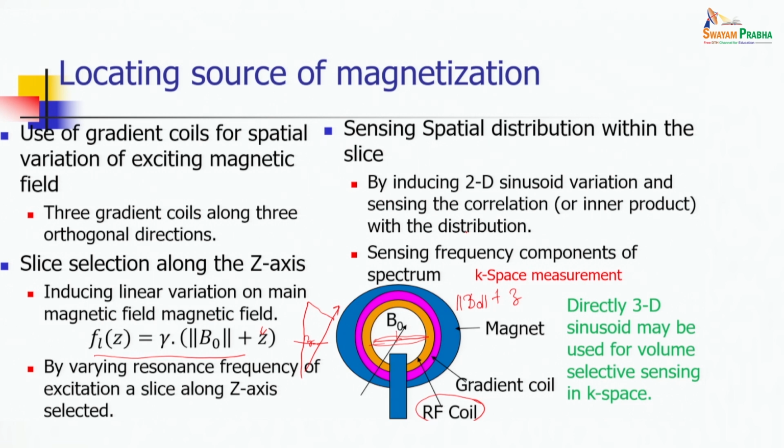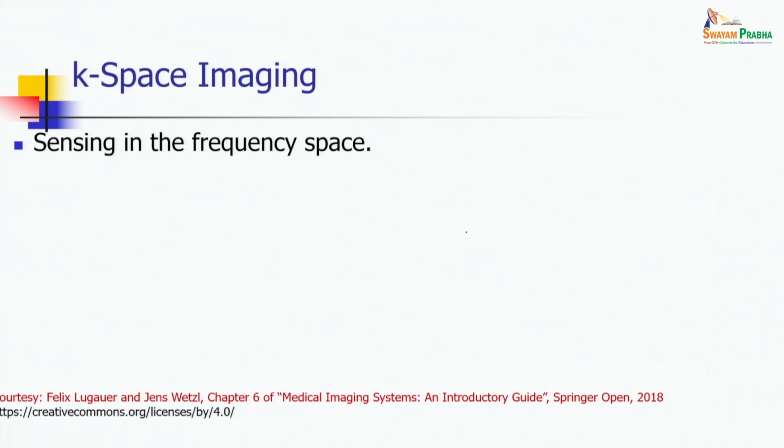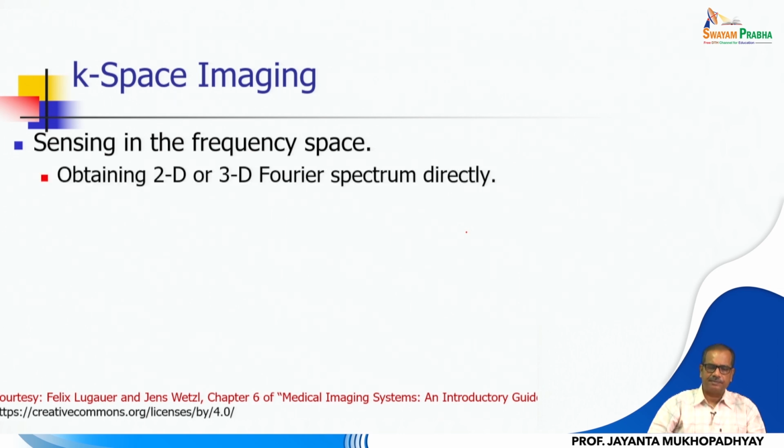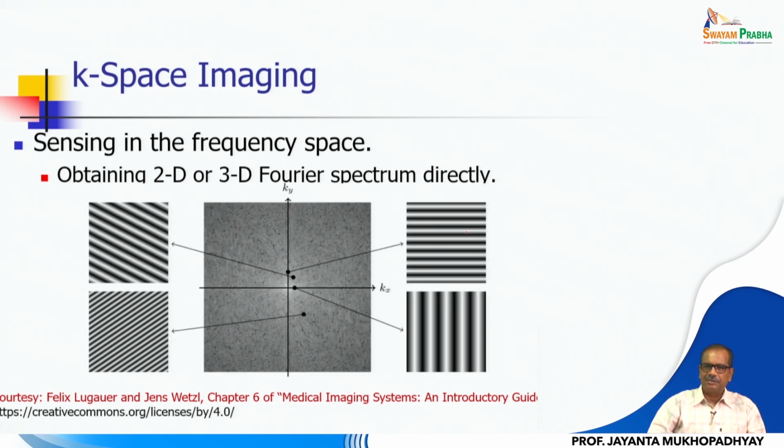So directly a three-dimensional sinusoid may be used for volume selective sensing in K-space. Just to tell about this K-space imaging, we sense in the frequency space, and by this we obtain the two-dimensional and three-dimensional Fourier spectrum directly. This is one such example, where we are sensing different sampled values of frequency components by using those gradient coils, by inducing magnetic fields over space.